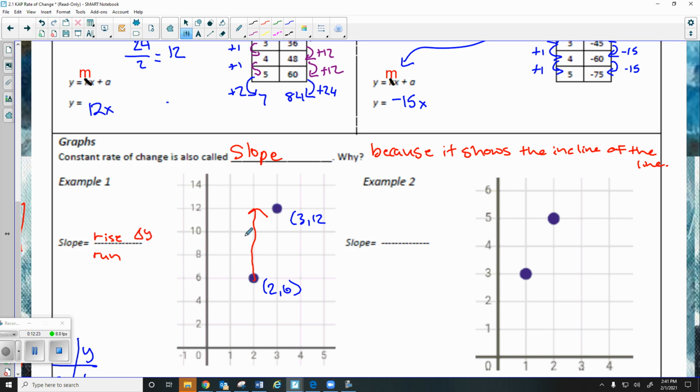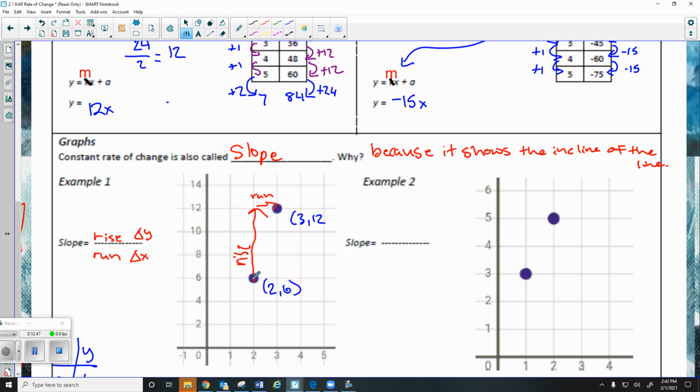Run, oh, let me label this just so we are clear. This is the rise, and then the run is going this way. Okay, and if I'm going this way, going from one point to the other, this is on the x-axis. So finding the run is still finding the change in x. It's just maybe words that make more sense to you. Rise over run. Okay, no matter what, we'll still have the same thing.